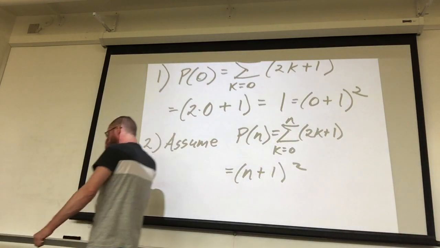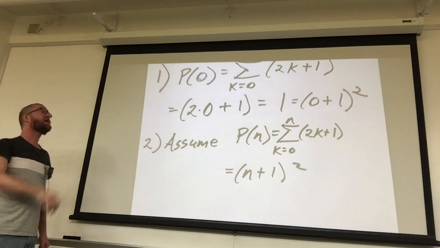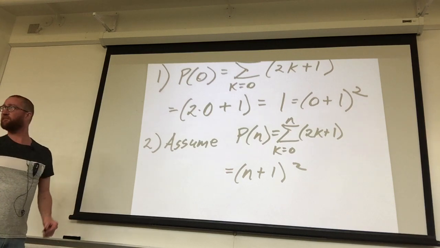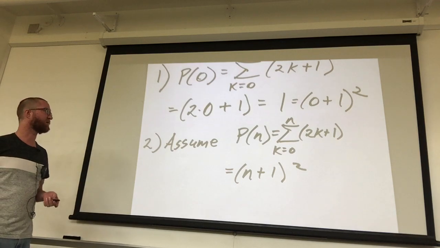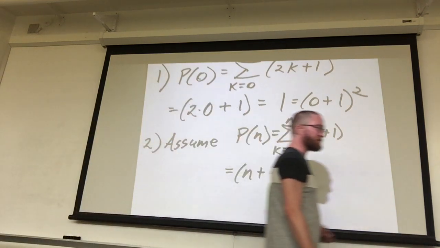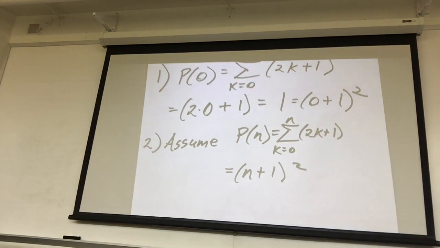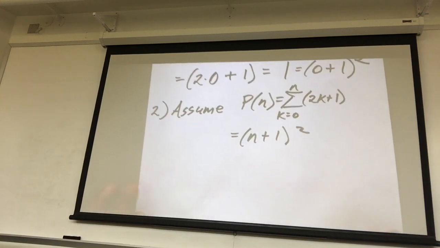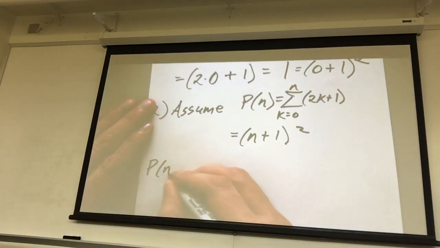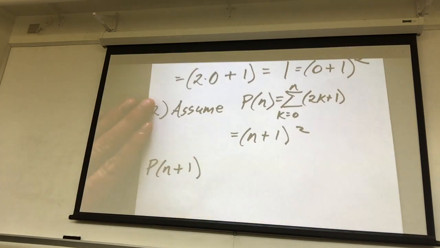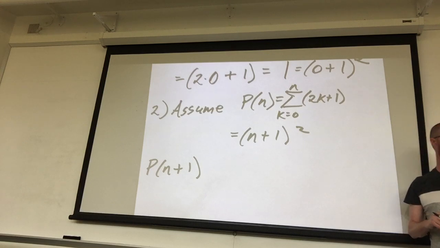So we've shown the first step, and we're assuming that the nth step, based upon just our, I don't know how you phrase this, eyeballing it, is going to equal n plus 1 squared. Okay? All right. Now what we're going to do is investigate P of n plus 1.